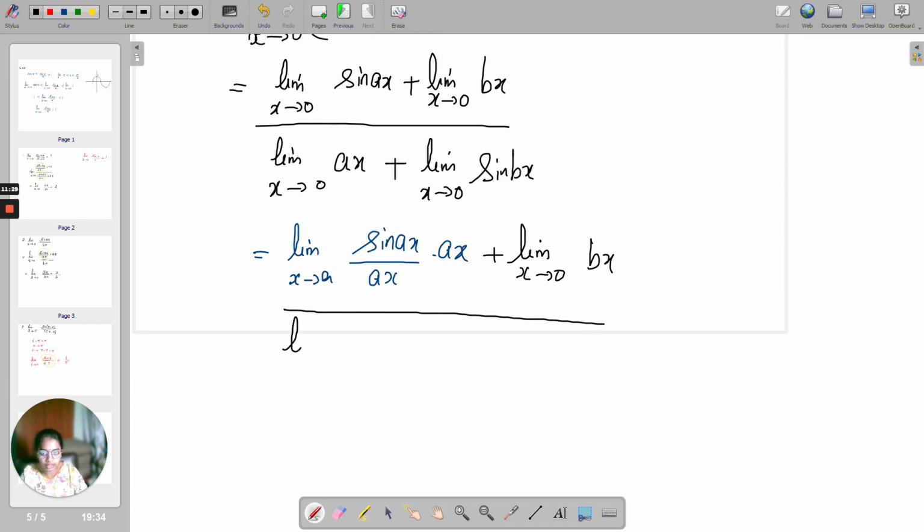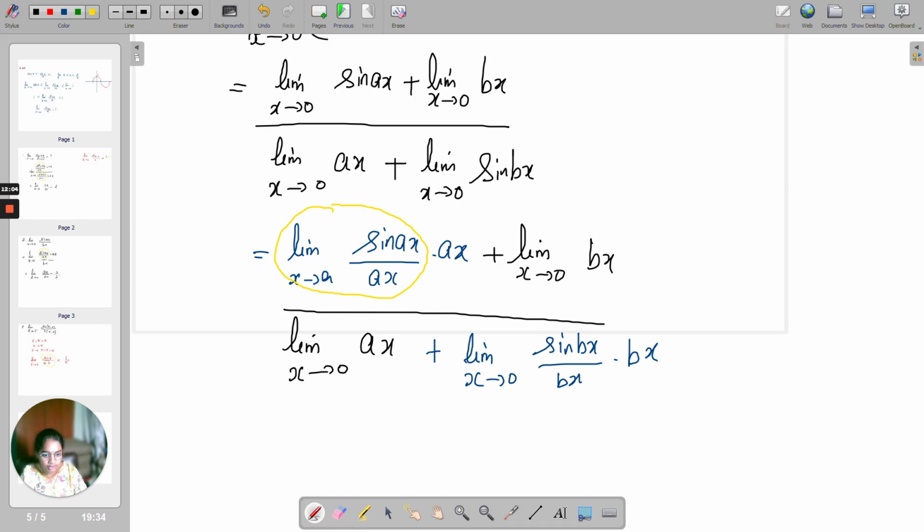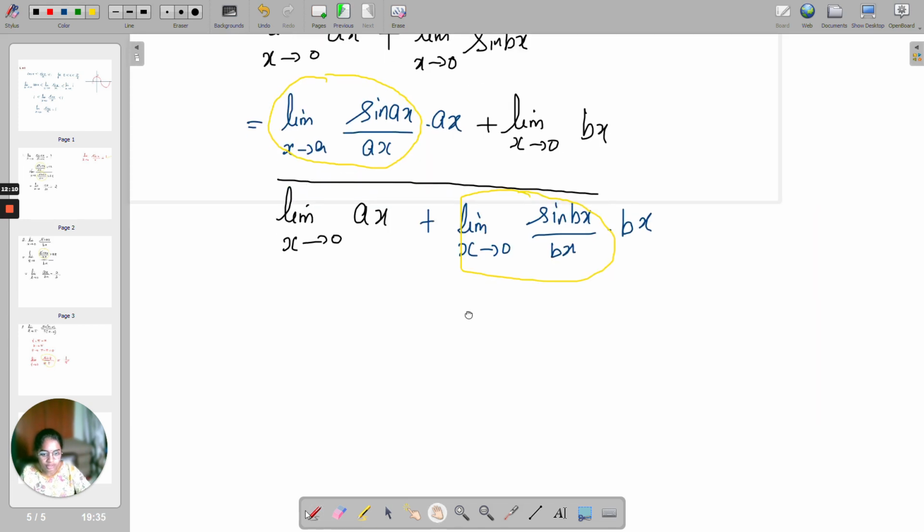Divided by limit x tending to 0 ax, which would remain the same, and here let me multiply and divide by bx, sine bx divided by bx into bx. Now what is the value of this term? Again we've got that formula. The value of sine ax divided by ax is 1, and the value of sine bx divided by bx is again 1.